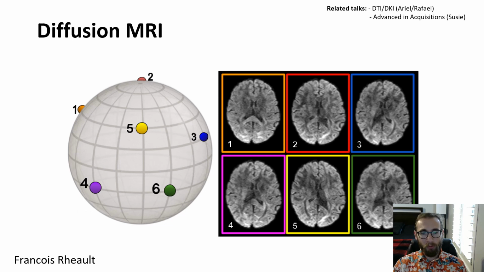Since we want to probe the movement of water in different directions, we have to acquire information about each direction. Here's a small schematic of 6 different directions that we want to probe for the movement of water. If you don't have enough of these, maybe you won't be able to quantify correctly the microstructure or the local modeling later.